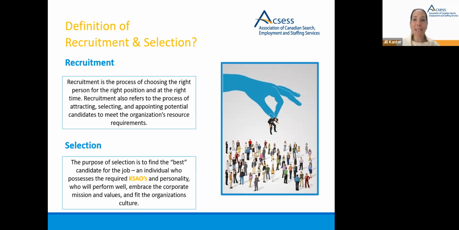What is a KSAO when it comes to recruitment and selection? Okay, not seeing any. Oh, knowledge, skills, abilities, and other, personality perhaps.